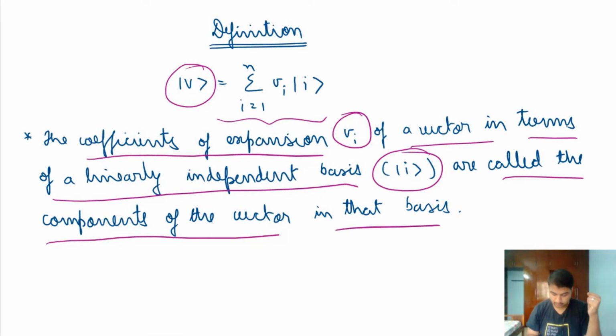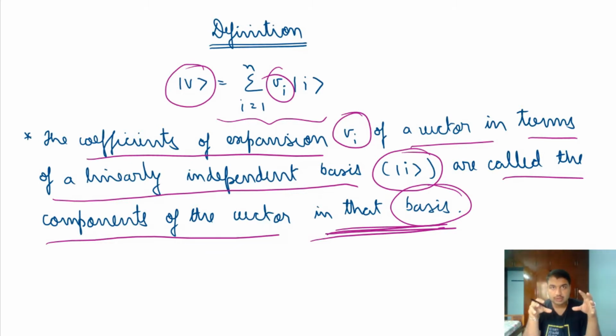That is a very important phrase here, because the value of these components is going to depend on what basis we choose. Since we saw in our previous video that we can choose any n linearly independent vectors, the choice of the n linearly independent vectors is not unique.